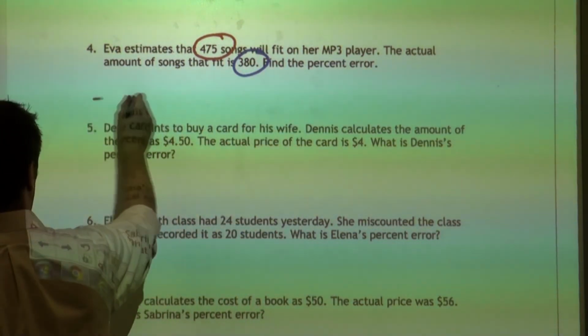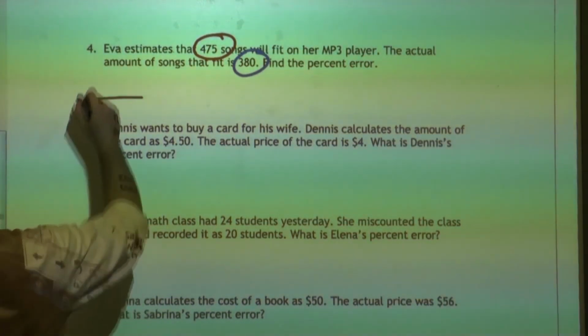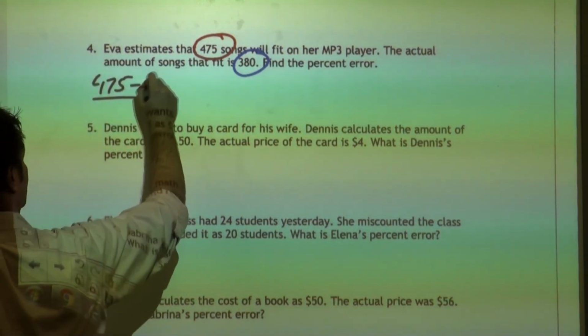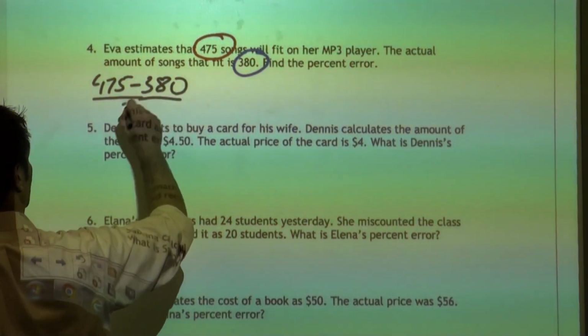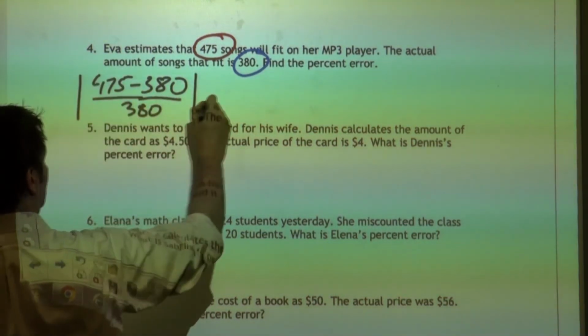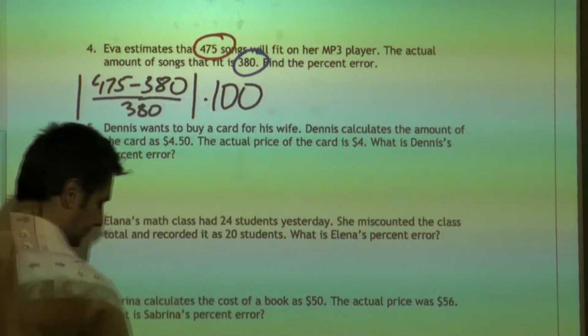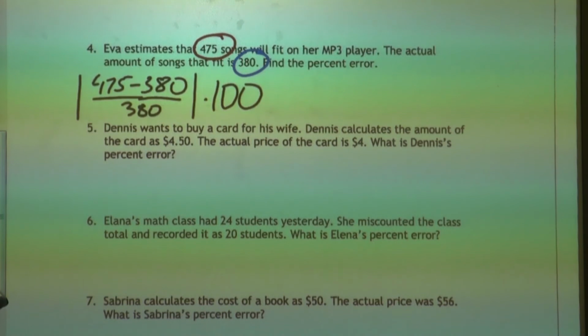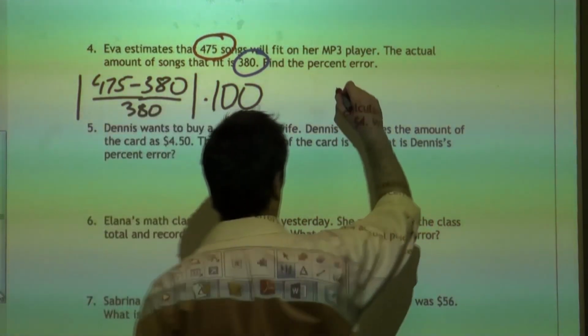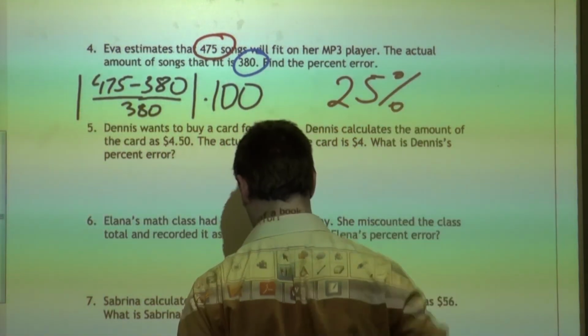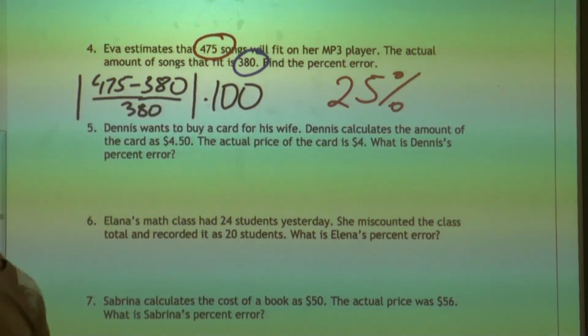And once again, we're going to set up our estimated, which is 475, minus 380, over 380, and times 100. 475 minus 380 equals 95, divided by 380, times 100, equals 25%. I guess Eva was quite optimistic about her MP3 player. I hope you got the same answer.